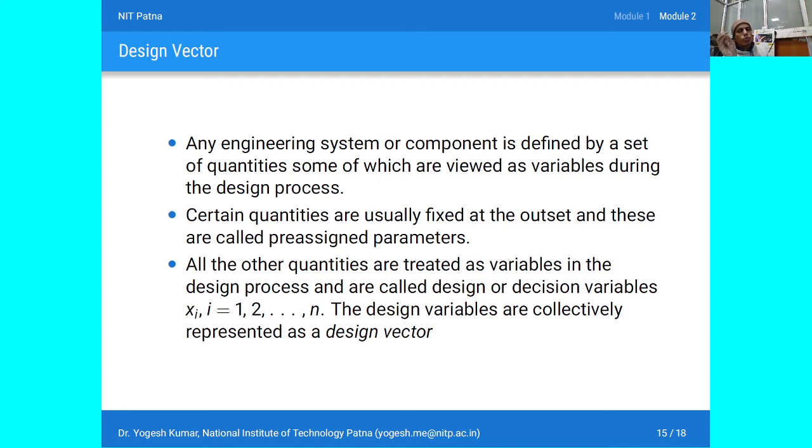The quantities which are fixed at the outset are called pre-assigned parameters, and the remaining quantities which are treated as variable in the design process are called design variables or decision variables. These together are called the design vector, because these are the quantities which are going to vary during the optimization process.